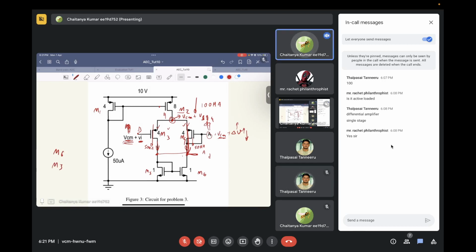Can you explain why M6 will go out of saturation? Sir, because of the drain voltage. If the drain voltage is getting reduced, correct. VCM is the voltage at node VA, which is also the drain voltage of transistor M6. As it keeps on reducing, it can go one VT below the VGS of transistor M6, so that's how M6 can go out of saturation.